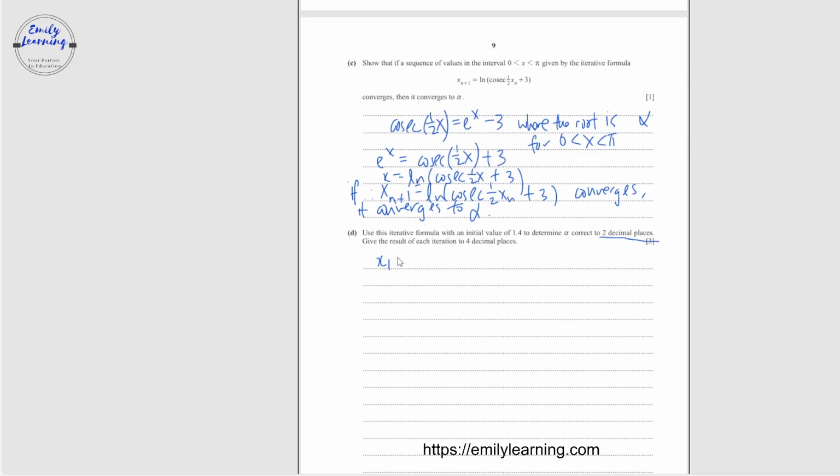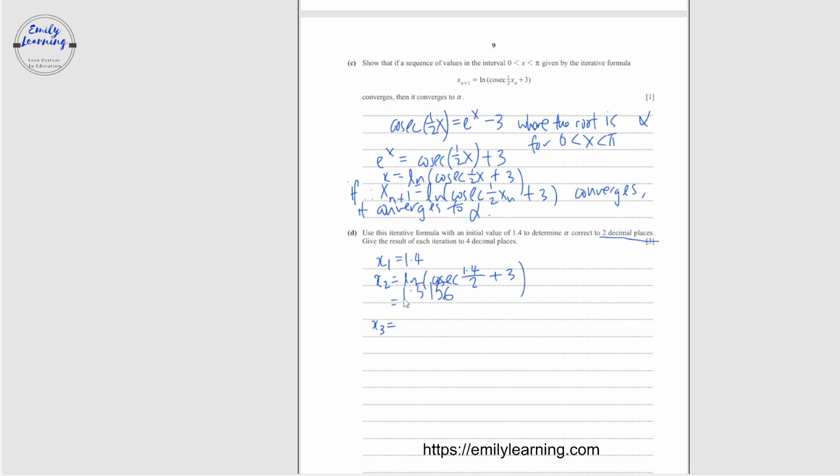So we have x1 equals 1.4. x2 will be ln cosecant of 1.4 over 2, which is 0.7, plus 3. Let's type into the calculator and correct to 4 dp. Okay, it gives me 1.5156.